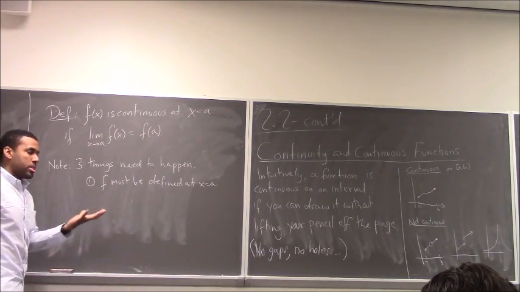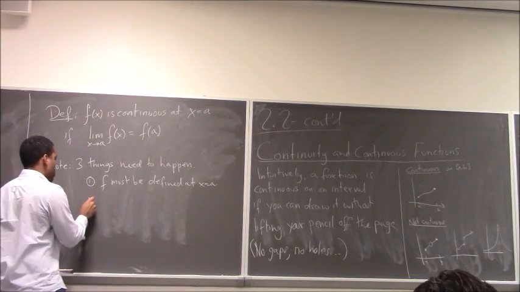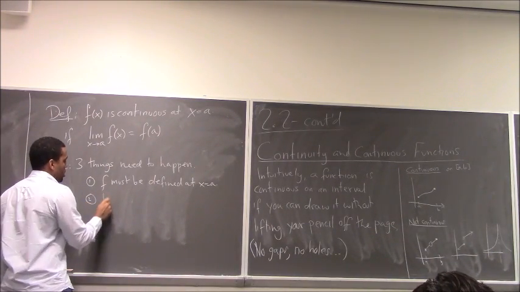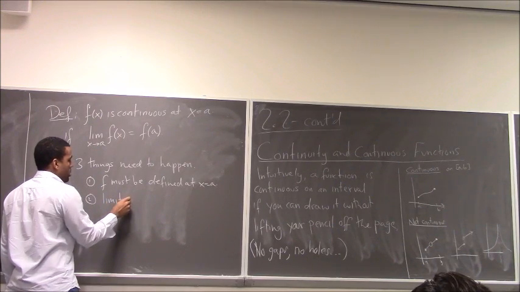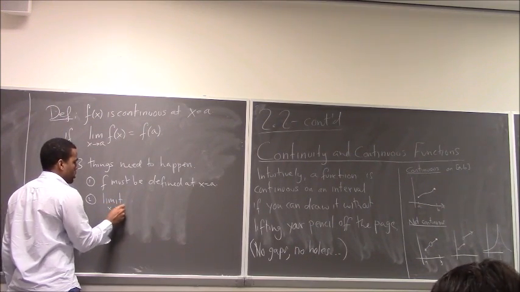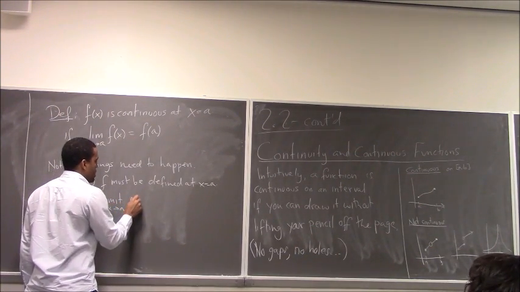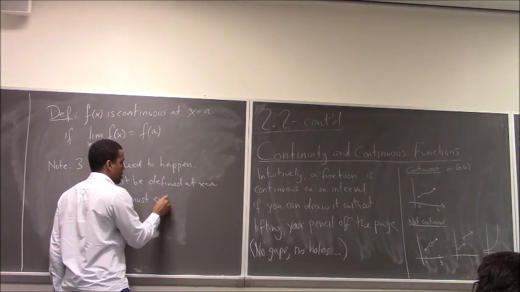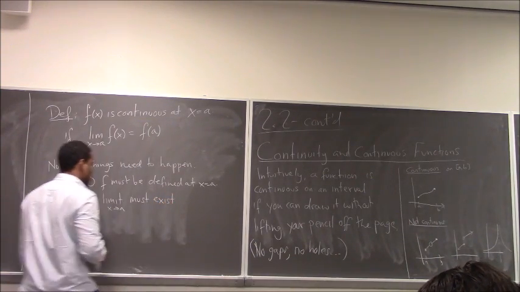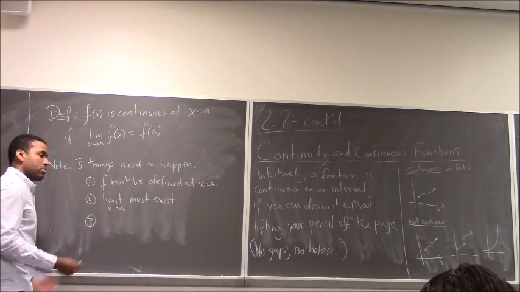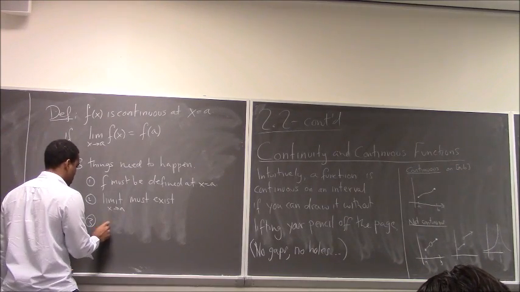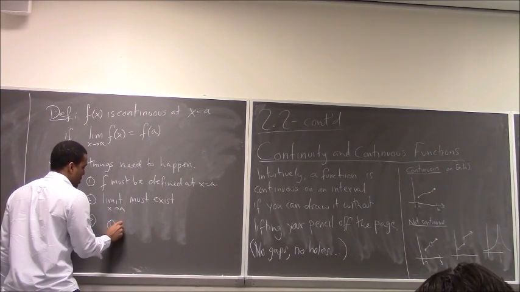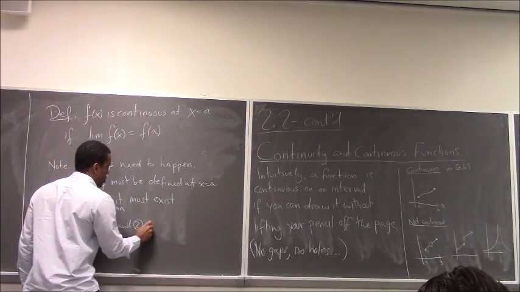F of a must make sense, it must give us a number, it must give us an output. Two, the limit as x approaches a must exist. And three, these two have to actually coincide.